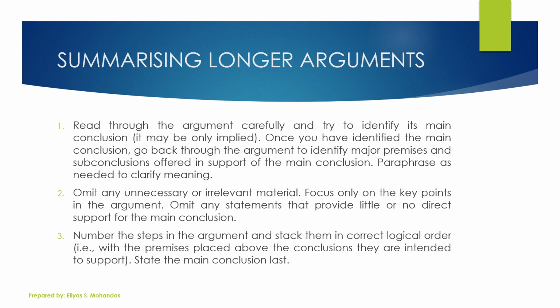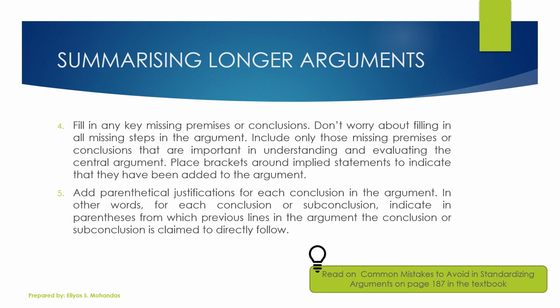The third one, number the steps in the argument and stack them in correct logical order, with the premises placed above the conclusions they are intended to support. State the main conclusion last. Fourth, fill in any key missing premises or conclusions. Don't worry about filling in all missing steps in the argument. Include only those missing premises or conclusions that are important in understanding and evaluating the central argument.